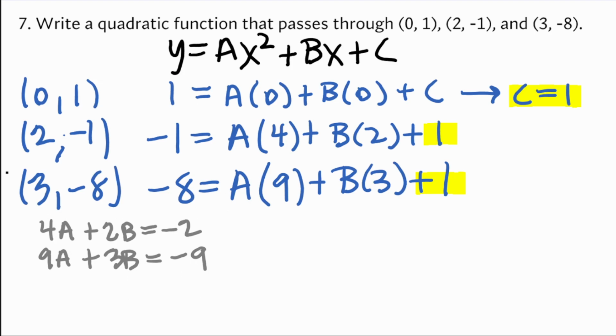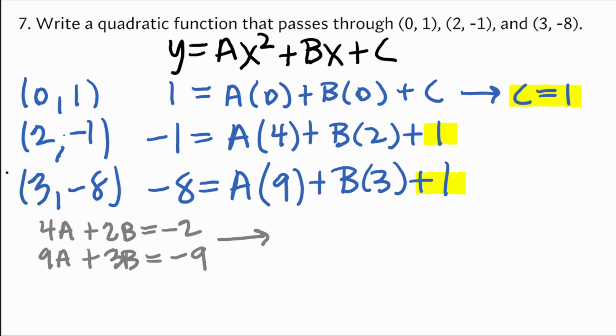Alright, now I think I'm going to multiply the first equation by 3/2, by 1.5. Multiply everything by 1.5, or I guess negative 1.5. That will allow me to eliminate b, and I don't think that's too much. So I'm going to multiply 4a by 1.5.